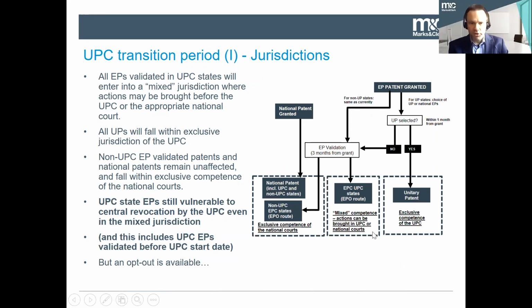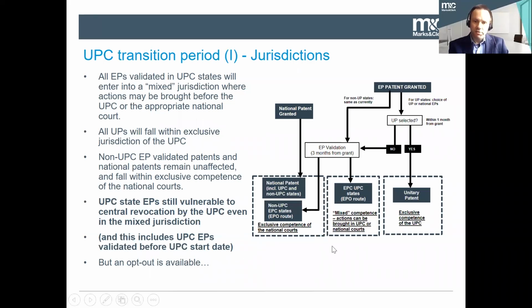For those, there is a mixed jurisdiction between the national courts, as you would expect, and the UPC at the same time. That means you could bring proceedings in the national courts if you so choose, or through the UPC. Equally, you could be attacked in the national courts or through the UPC.